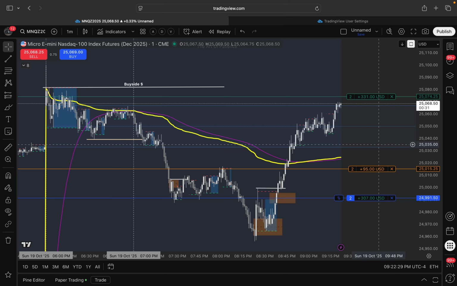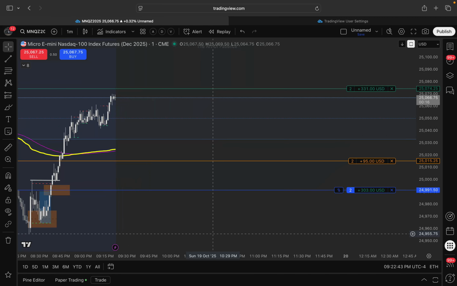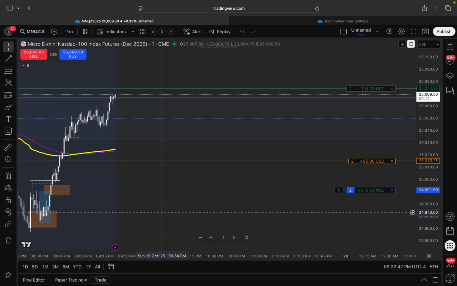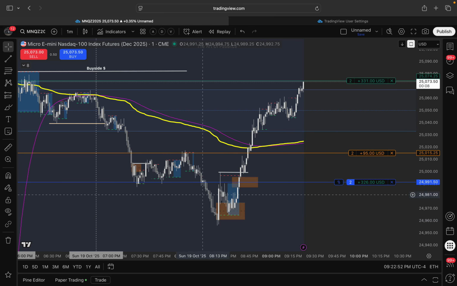You want to find the best time, the most high probability setup that you can, and it only works around this time that I'm showing you here. You can't just say, "Oh, I'm going to jump into a trade at 10 p.m. through 12 and hope to see if I can find a setup." It has to be within this macro. If not, it's not going to work.